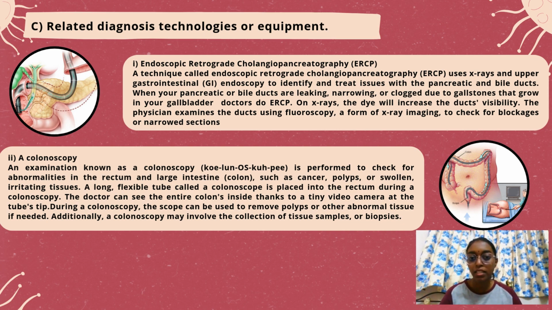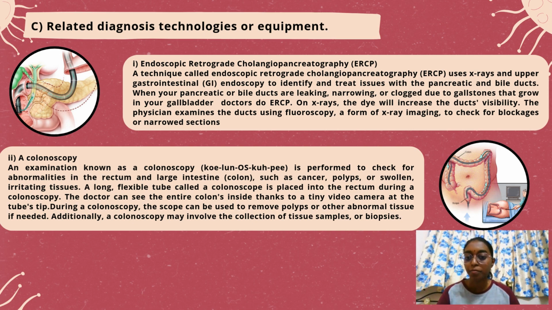When your pancreatic or bile ducts are leaking, narrowing, or clogged due to gallstones that grow into your gallbladder, doctors do ERCP. On X-rays, the dye will increase the duct's visibility. The physician examines the ducts using fluoroscopy, a form of X-ray imaging, to check blockages or narrowed sections.